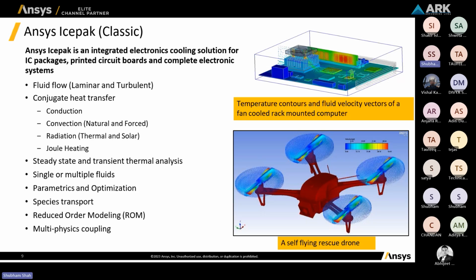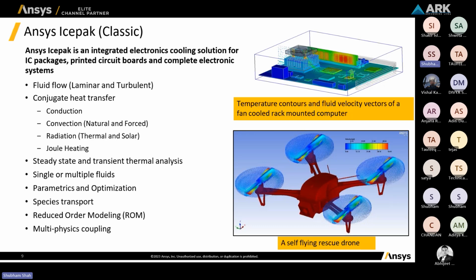After this, what are the additional capabilities apart from the steady state and transient state? The multi-phase option is also available. When we talk about multi-phase, it is when our system consists of more than two fluids coming in. When we say fluids in the electronic system, that is generally considered as the cooling channels for the cooling purpose.